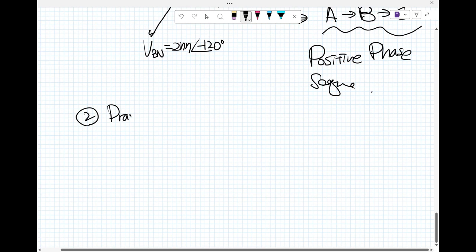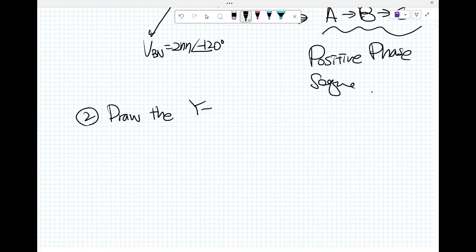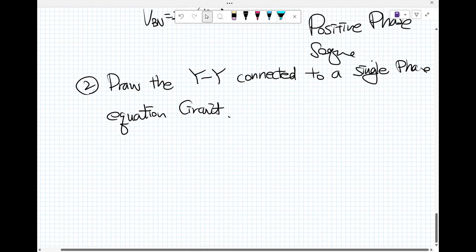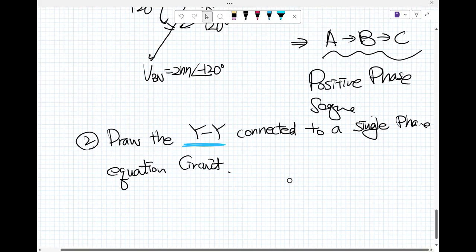Okay, question two. Draw the Y to Y connected single phase equivalent circuit. From the question, we're going to use the Y connection. But go back to the circuit.